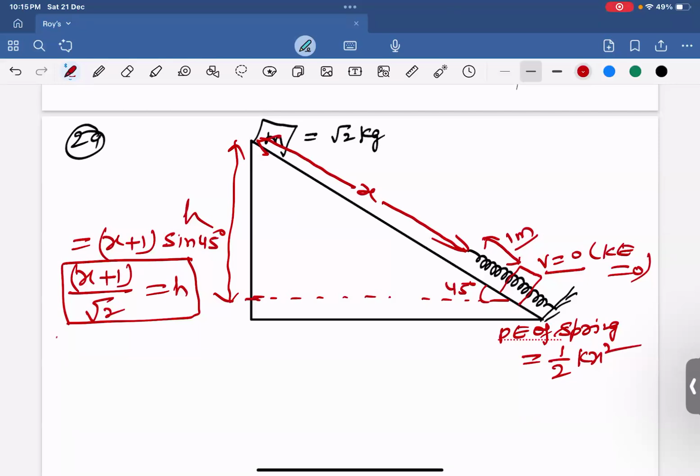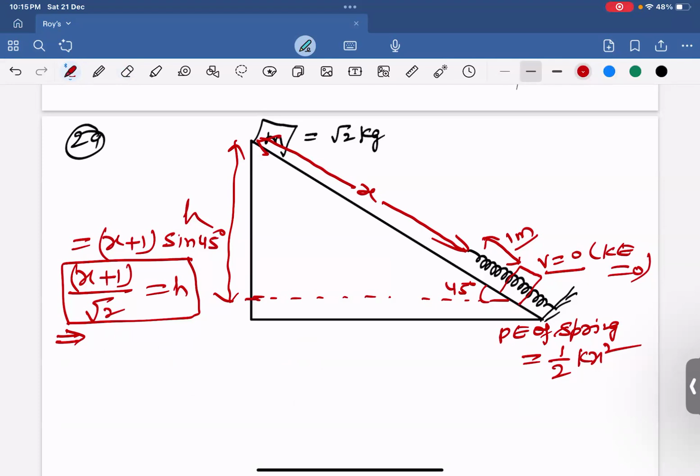If any particle comes down, it loses potential energy. So I can say loss of potential energy of block. Or you can directly use the conservation law also, that what is the initial energy and what is the final energy, because surface is smooth.